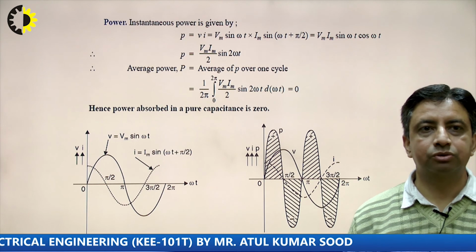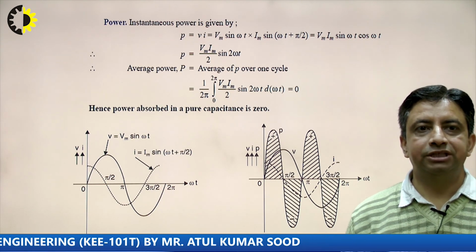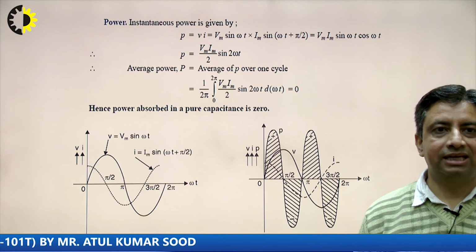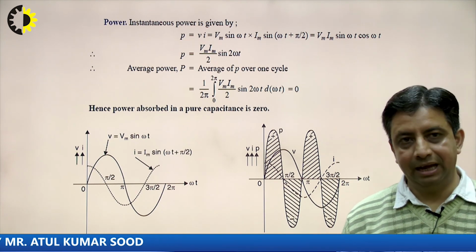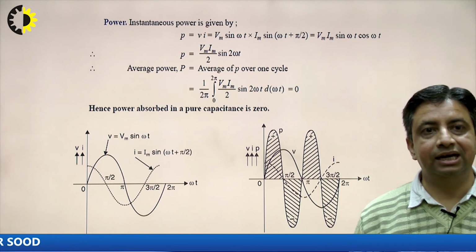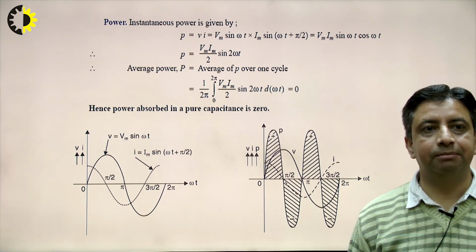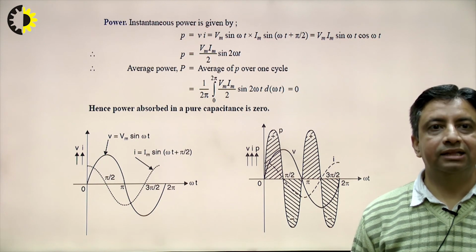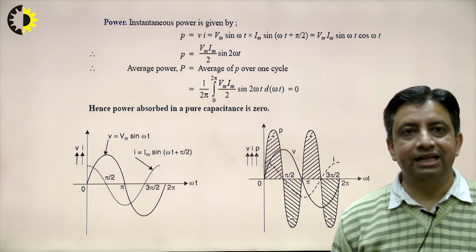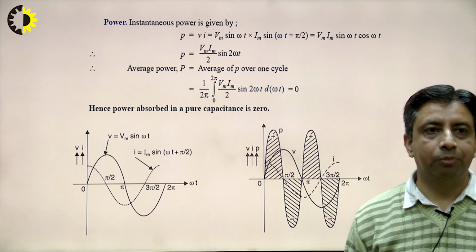So, in the first quarter cycle from 0 to pi by 2, the power is positive. In the next quarter cycle from pi by 2 to pi, the voltage is still positive, but the current has become negative. That is why the power will be negative. In the next quarter cycle, both voltage and current become negative, hence the power will again become positive.